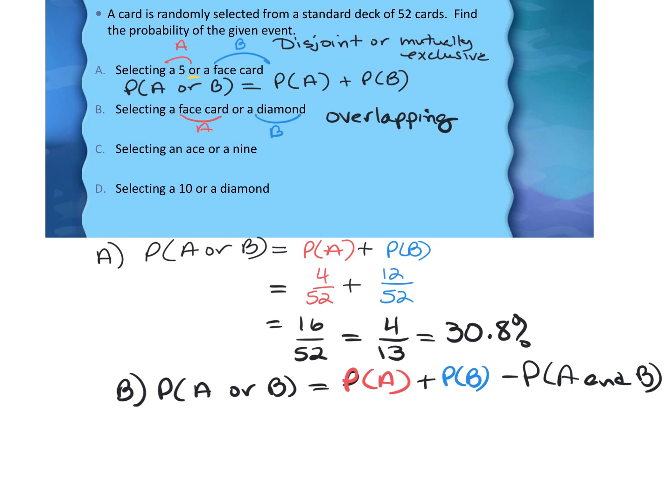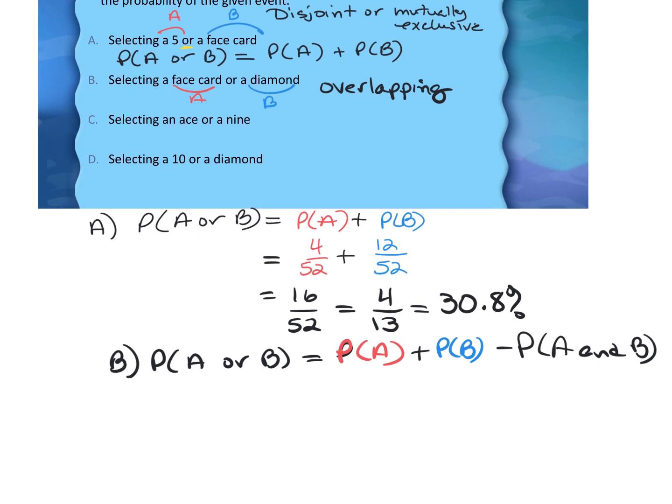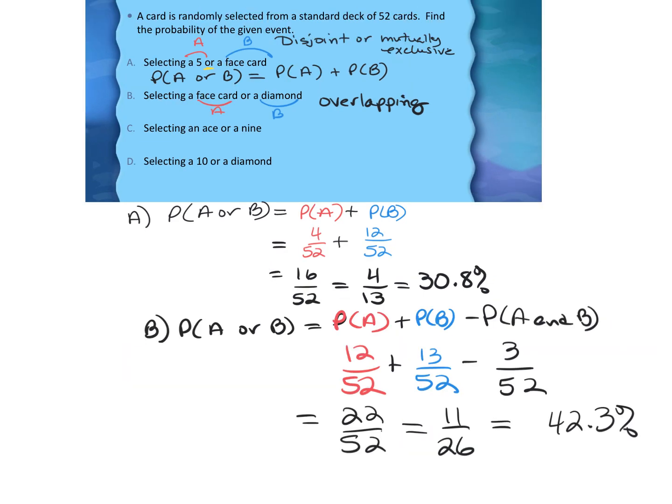So the probability of a face card, just like the question up above, there are 12 face cards, so 12 over 52. Then selecting a diamond, there are 13 diamonds in the deck of cards. And then the overlap, there are 3 face cards that are diamonds.